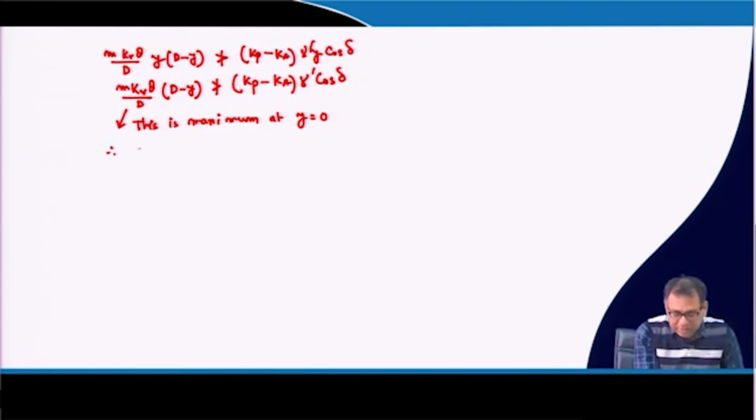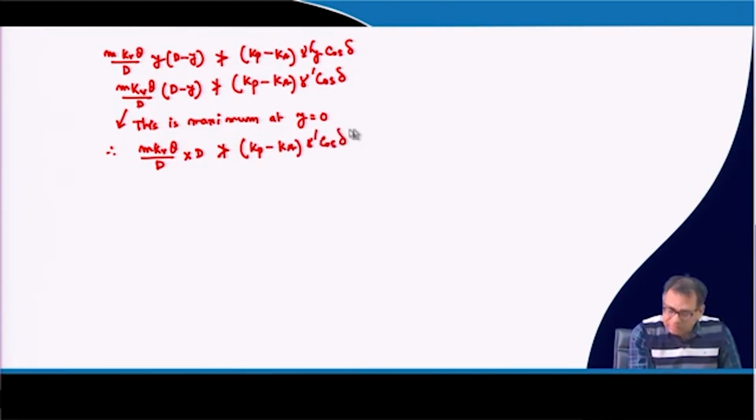So, I can write that m k v theta divided by d should not be greater than K p minus K a gamma dash cos delta, or I can write that m K v theta should not be greater than K p minus K a into gamma dash cos delta.